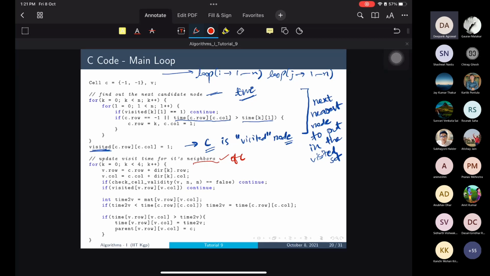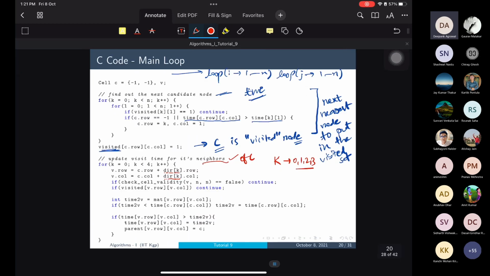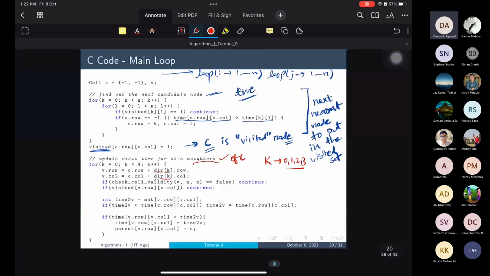What I have done over here is that K goes from 0, 1, 2, and 3, and I have used this particular array. Suppose C.row is i and C.col is j.